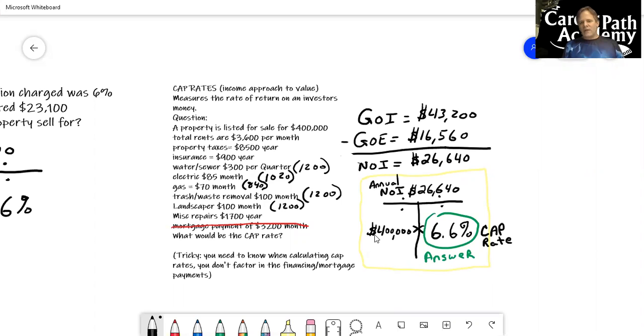So if they want to get a higher return, they could offer a lower price, or they'd have to raise the rent, or they'd have to lower their expenses. There are different ways you could raise the rate of return on the investor's money. You could lower these expenses, lower the price you pay, or jack up the rent to get more income.